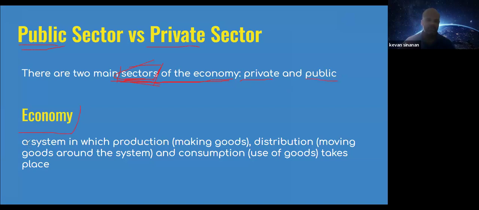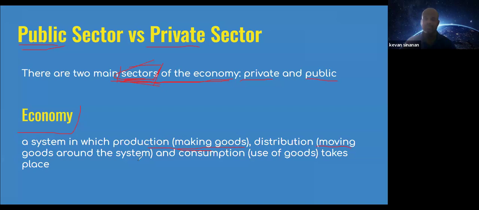Economy, what is an economy? An economy is a system in which production, which is making goods, distribution, moving goods, and consumption take place. Let's say, for example, you make aluminum in your factory. After you make that aluminum, it has to go to the customer.